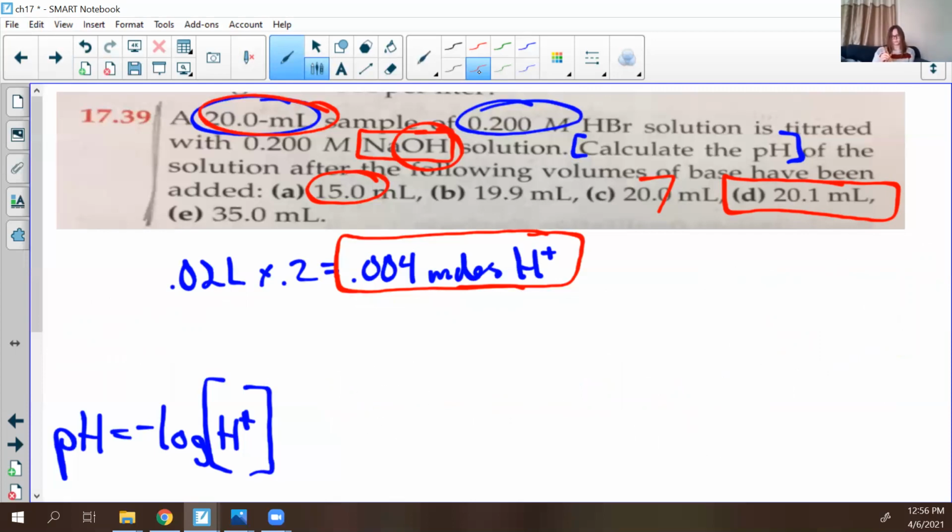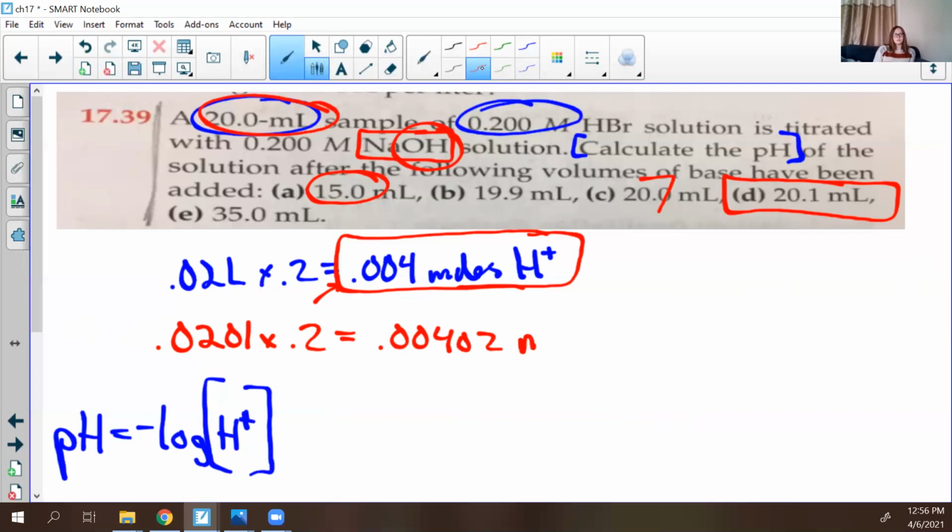For letter D, we still have 0.004 moles of H plus, that's a constant. In D though, we have 0.0201 times 0.2, which is 0.00402.